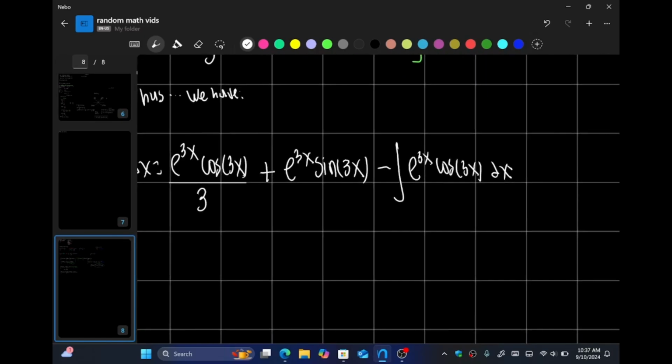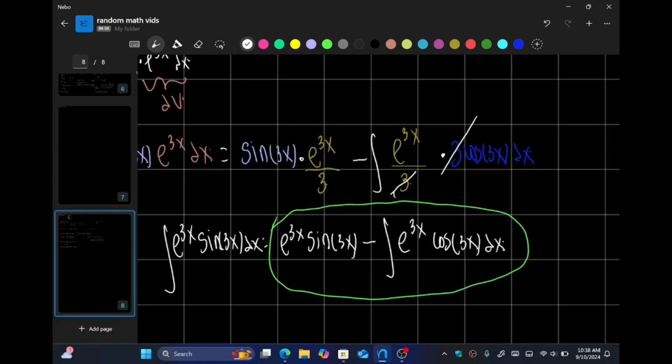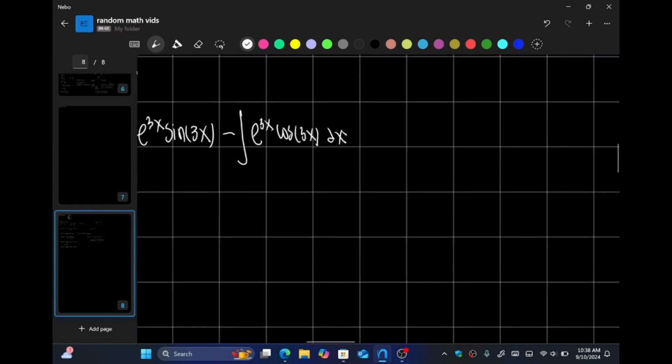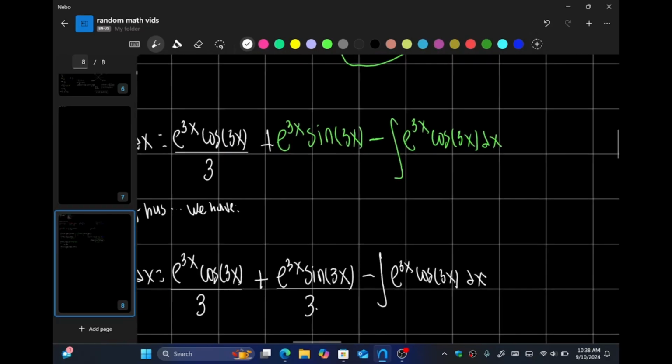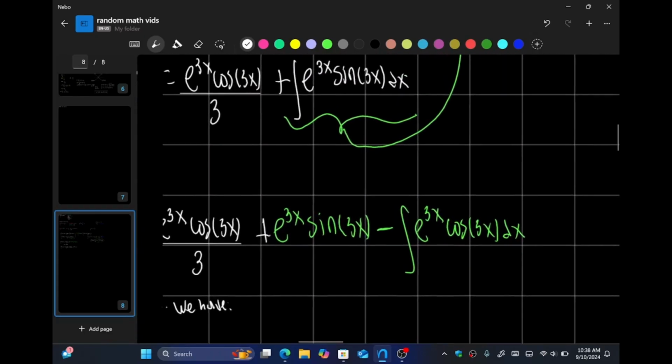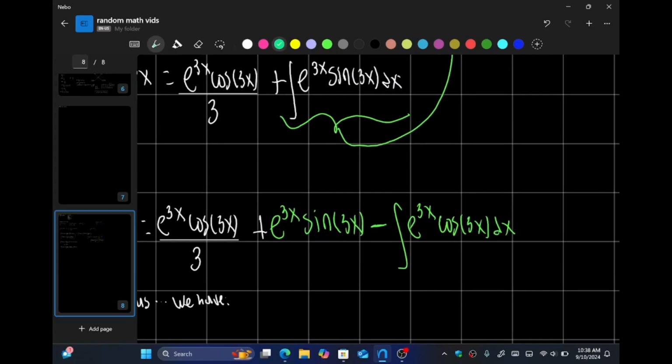Okay, now, give me 1 second, guys. I'm sorry, guys, I messed up a little bit. This is supposed to be over 3. Excuse me, I knew I made a mistake. These are very hard. So this is supposed to be over 3 here, right? Because it's supposed to be plus e to the 3x sine of 3x over 3.